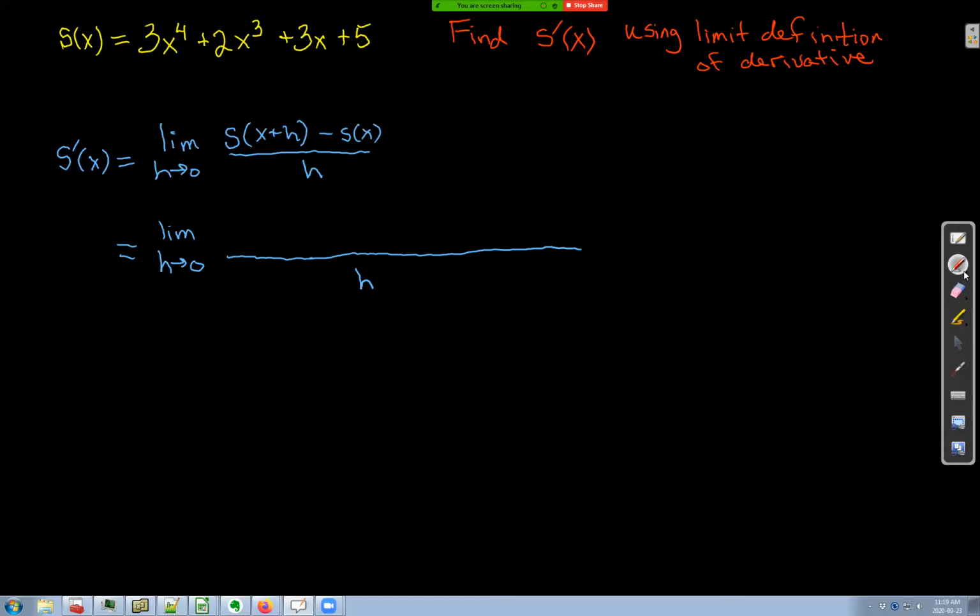Let's think about what s of x plus h is. First, what s of x is: it takes the input and raises it to the fourth power and multiplies it by 3, then adds 2 multiplied by the input cubed, then adds 3 multiplied by the input, and then adds 5.